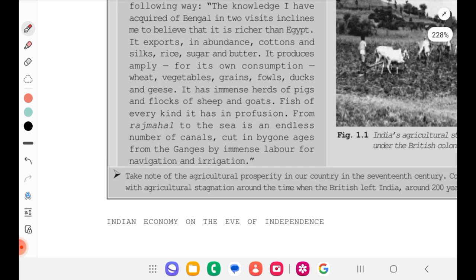It has immense herds of pigs and flocks of sheep and goats, fish of every kind it has in profusion. From Rajmahal to the sea is an endless number of canals, cut in bygone ages from the Ganges by immense labor for navigation and irrigation.